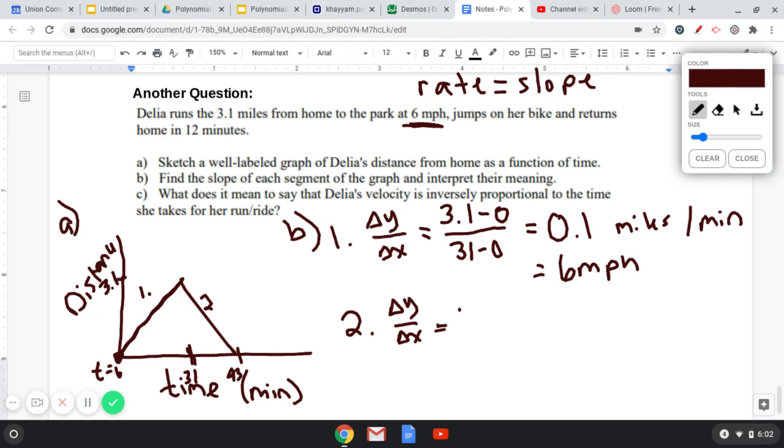This is change in y. Same thing, actually. We start at 3.1 this time, we go to 0. Actually, I need to do it like this, 0, 3.1, and then time 43 minus 31, which is negative 3.1 over 12.